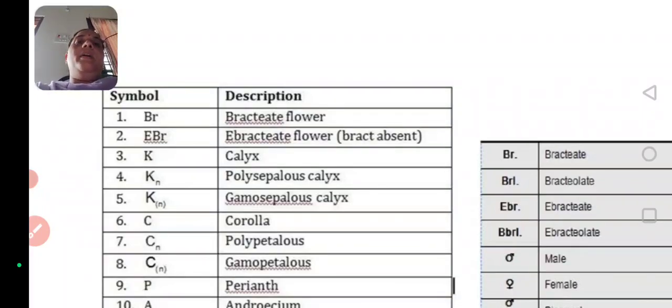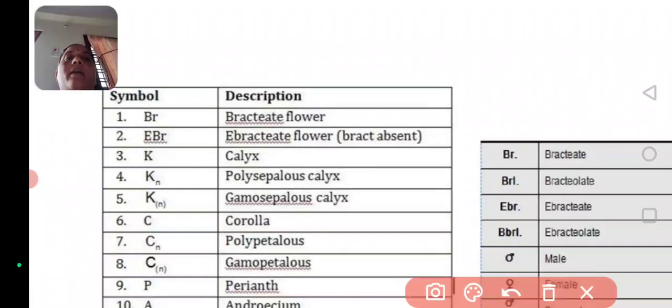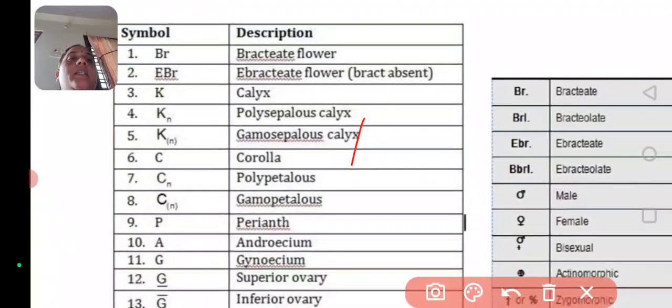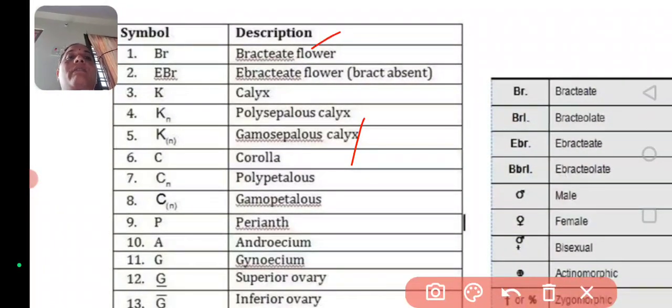BR indicates a bracteate flower. EBR means ebracteate, that is bracts are absent. If the flower contains bracts, you have to write BR. If the bracts are absent, you write EBR.